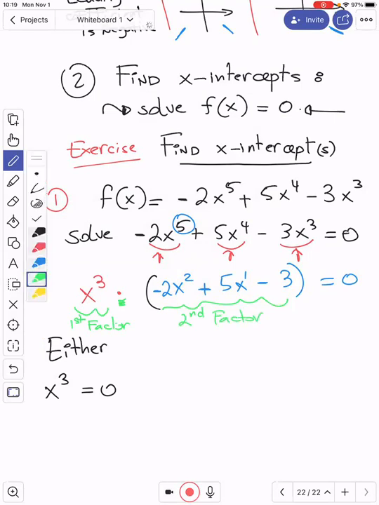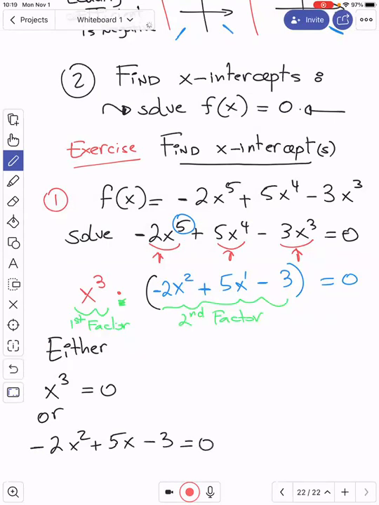So either the x cubed is 0, or of course the second factor is 0. So that will be minus 2x squared plus 5x minus 3 equal to 0. All right. Well, let's solve x cubed equal to 0.